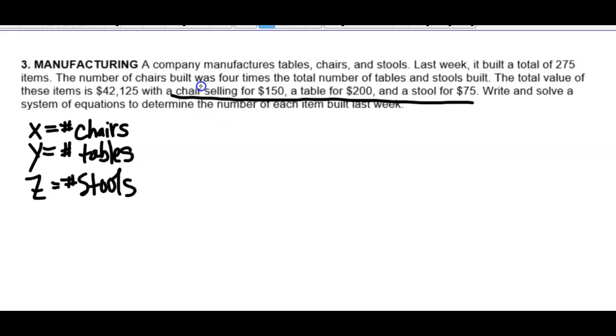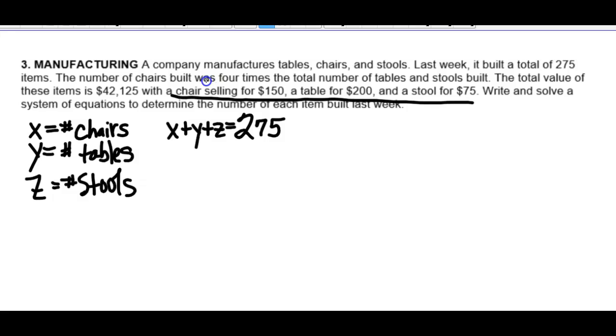Then we have an equation that says they built a total of 275 items. So we have X plus Y plus Z, for the total number of each, has to total 275.